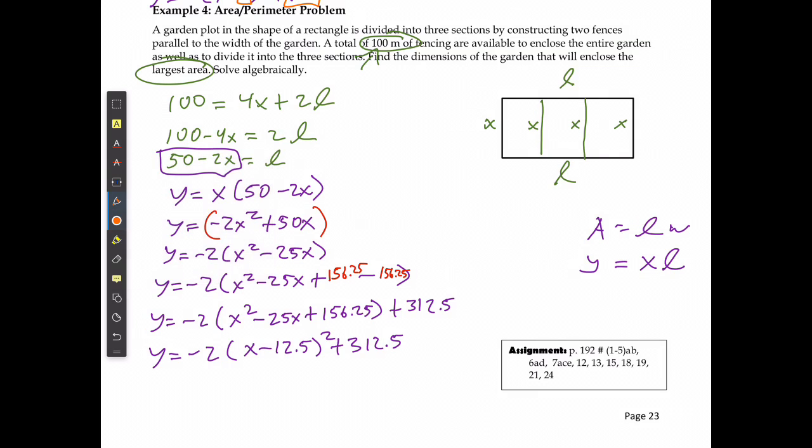I'm going to get a maximum area of 312.5, and that is when the dimension of X is 12.5. Well, if X is equal to 12.5, L is equal to 50 minus 2X, and 50 minus 2 times 12.5 is going to be 25.